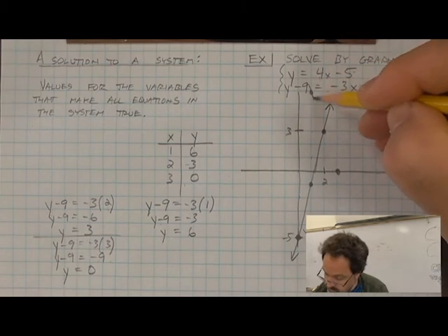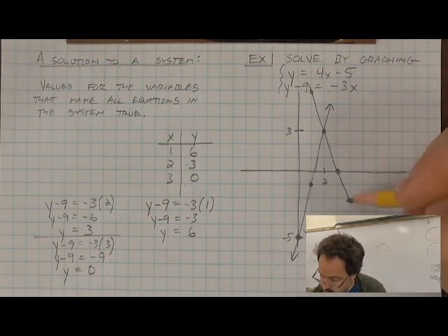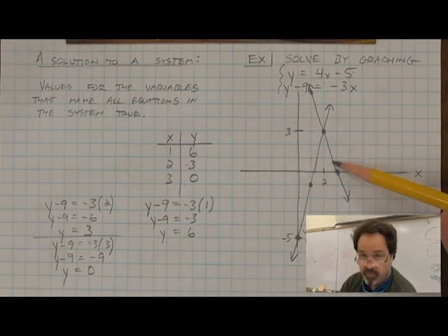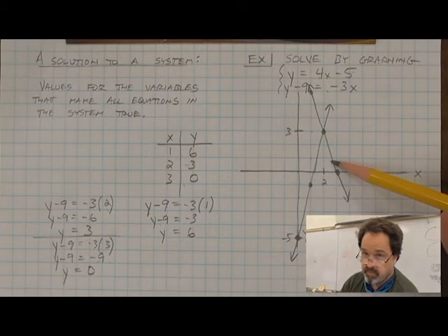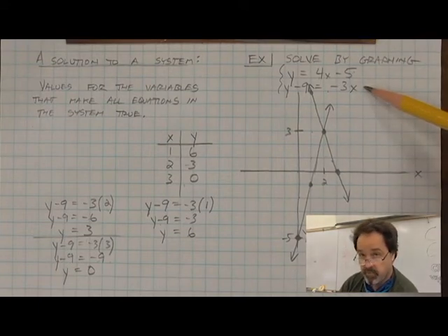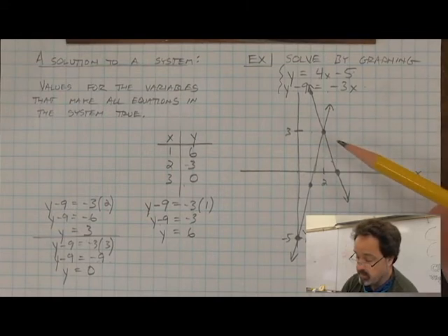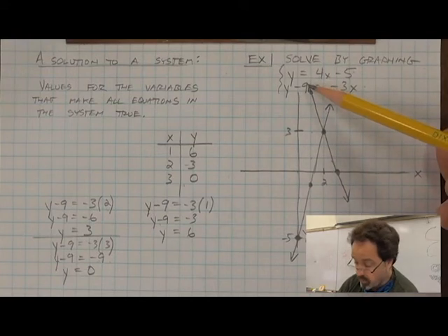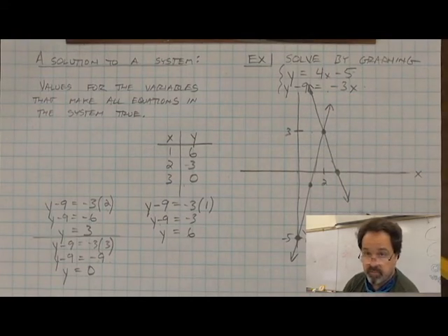If I connect them together, then this line that I just graphed represents all of the possible x and y values that make the second equation true. That's what a graph is. A graph is a visual representation of all of the possible solutions.